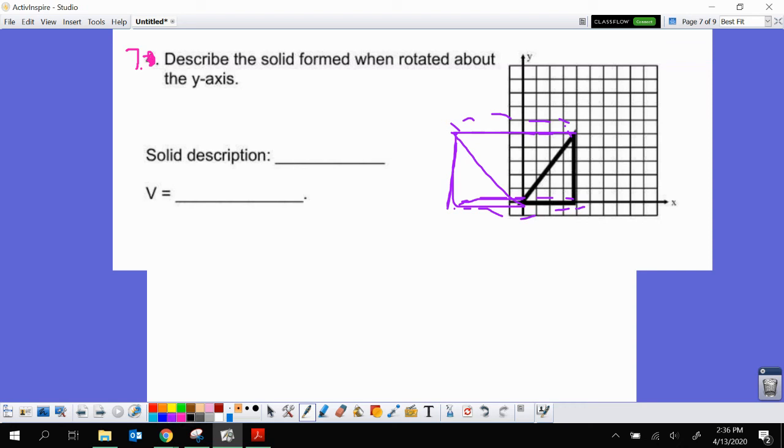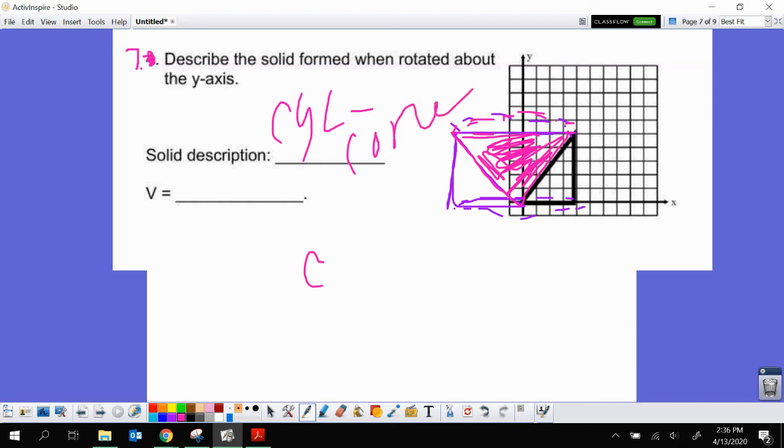So what we have is this cylinder, but we have this area on the inside here that's being taken out. If you look at what that looks like, that is going to be a cone. So we need to take a cylinder and subtract a cone. The answer here ends up being 160 over 3 pi, but I do not believe we need to go through that.